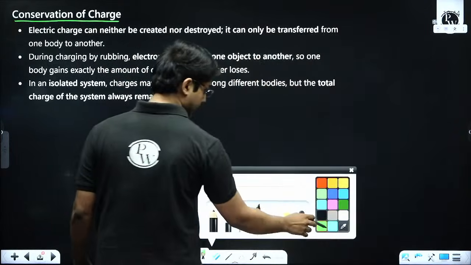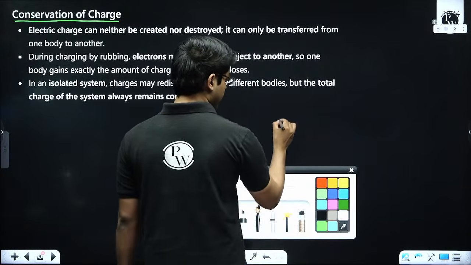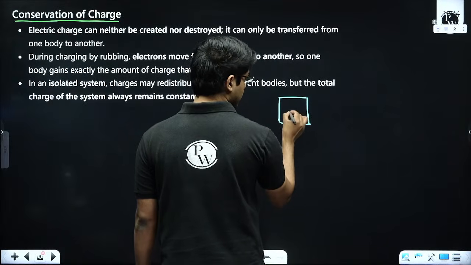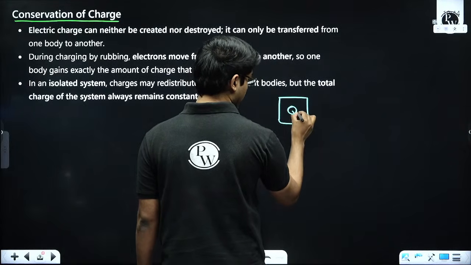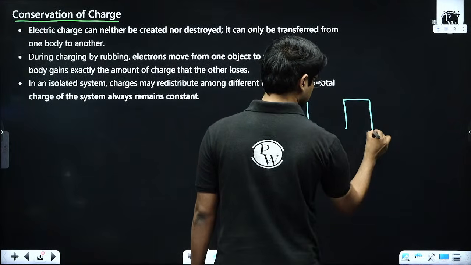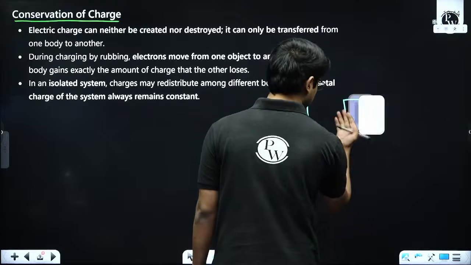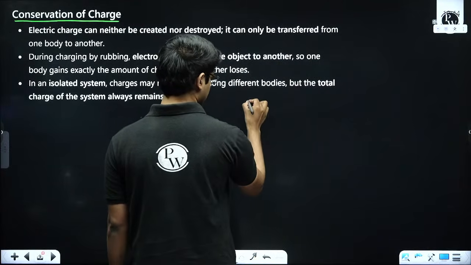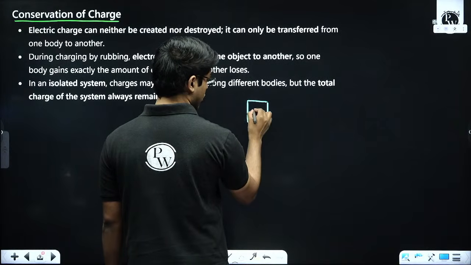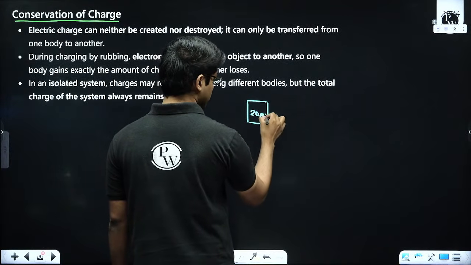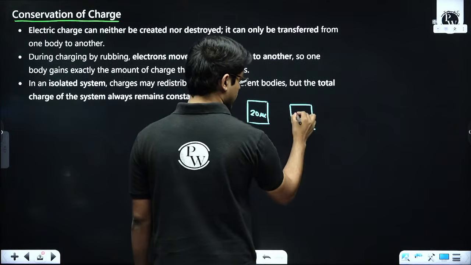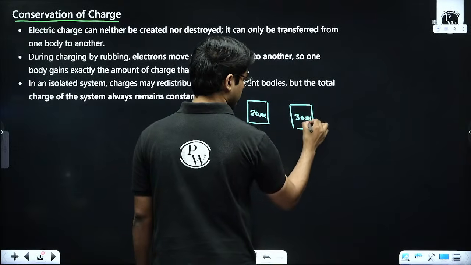So what we mean by that is, let me give you an example with numbers. In one box, initially there was 20 microcoulomb charge, and in another box, there was 30 microcoulomb charge, okay?